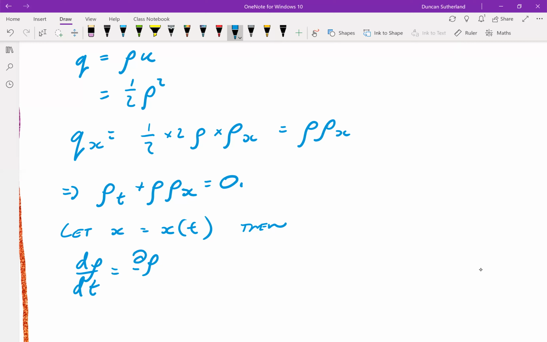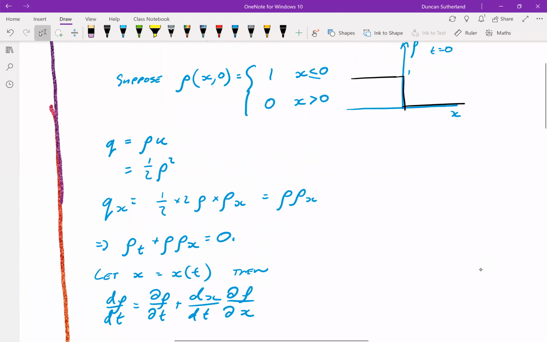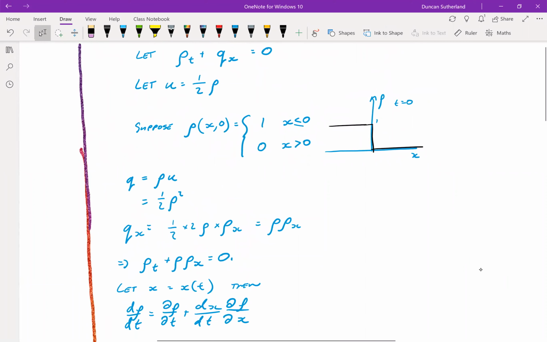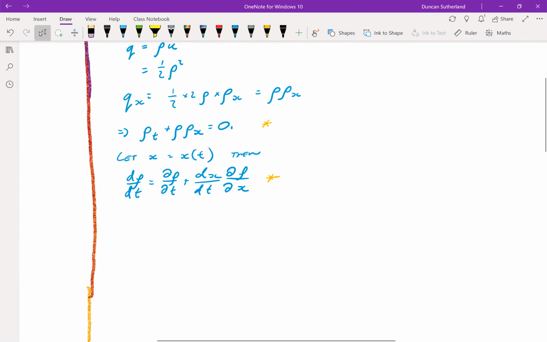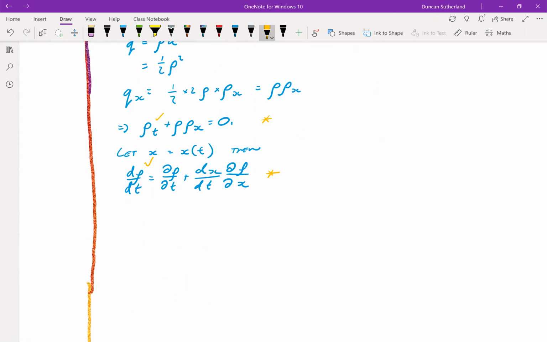So our chain rule says this, and by comparison to our original PDE, I can see that I've got this term, this term, that term, this term.